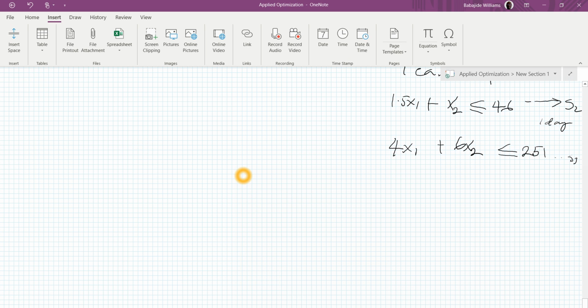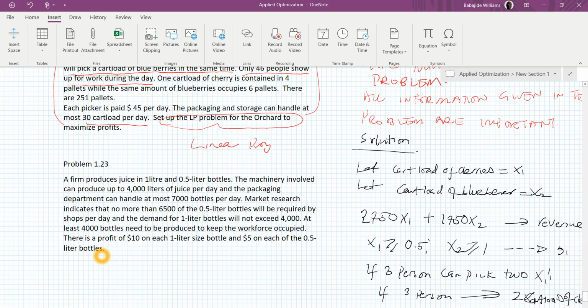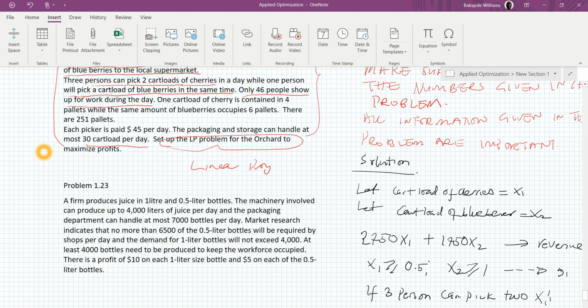Let's go back to the question here. The last thing we need to do: you say each worker or picker is paid $45 per day. Now we need to understand what is being said here. He says each picker is paid $45 per day.